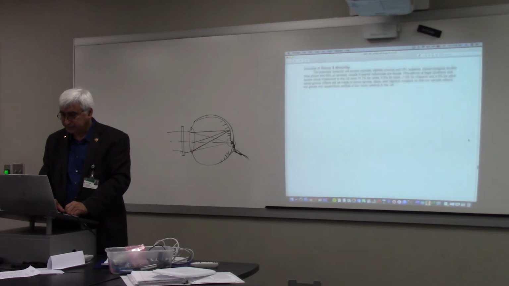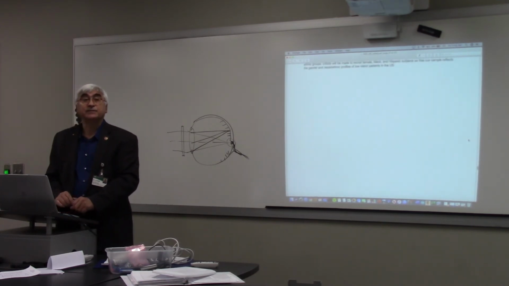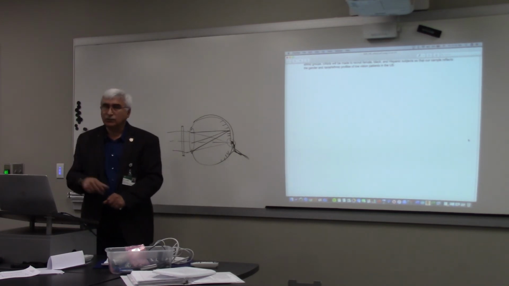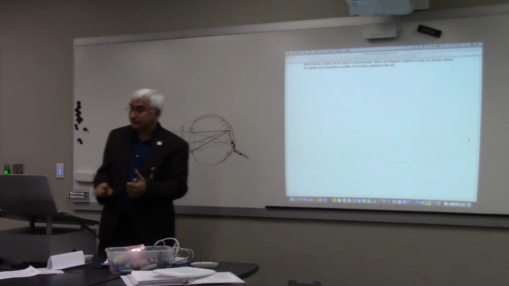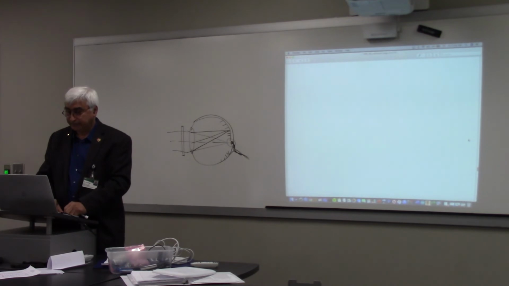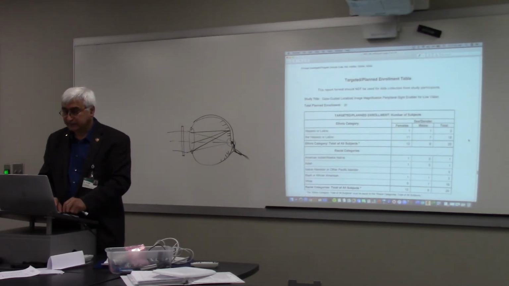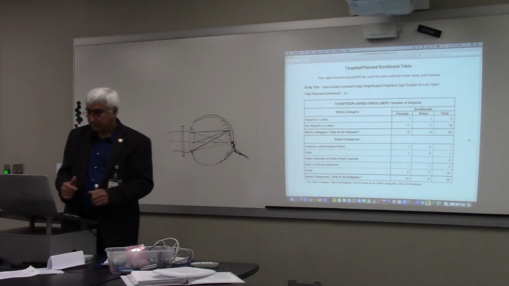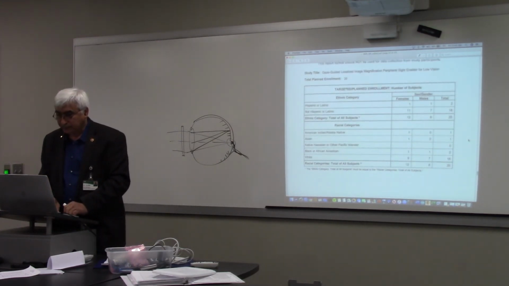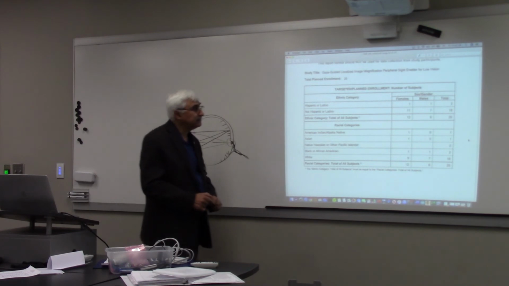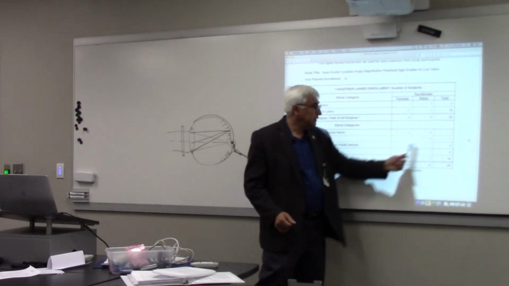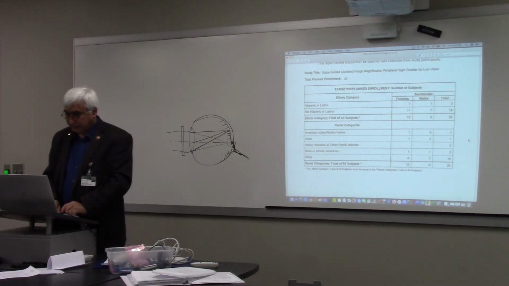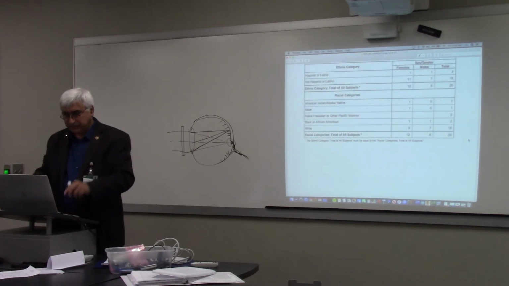Women and minorities sometimes get you extra points if you include them. Here's the table of required subjects. So how many subjects in different categories you have to put. It should be a homogeneous distribution.